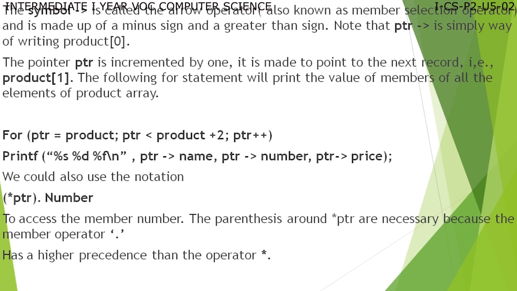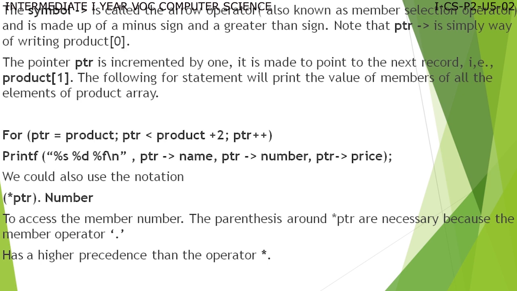It is also known as the member selection operator, and we can write it by using the minus and greater than symbol on the keyboard. Now PTR minus greater than is a similar way to write product[0]. In the same way we can write product[0] and product[2] by using this pointer minus greater than.